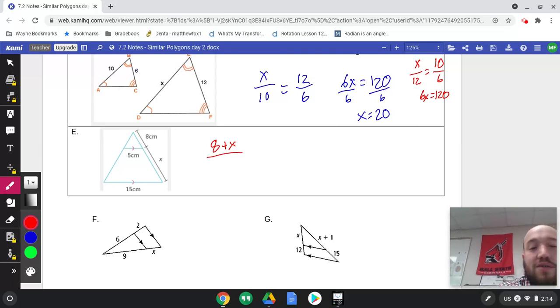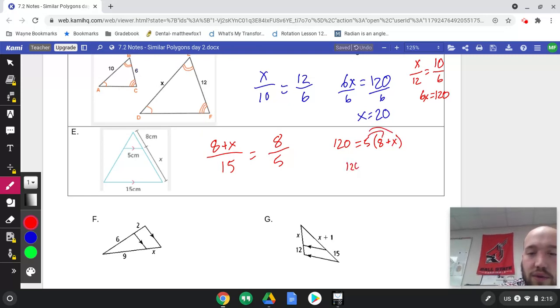And on the big triangle, that's over 15. Now we can set that equal to 8 over 5. So the small triangle has 8 and 5. The big triangle is 8 plus x, 15. And from here we can cross multiply. 8 times 15 gives us 120. That equals 5 times the quantity 8 plus x.